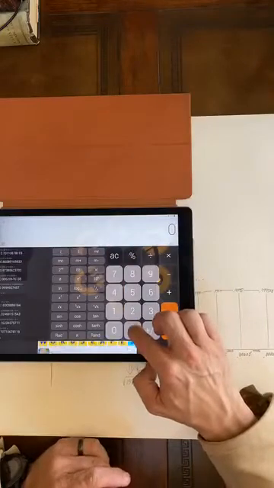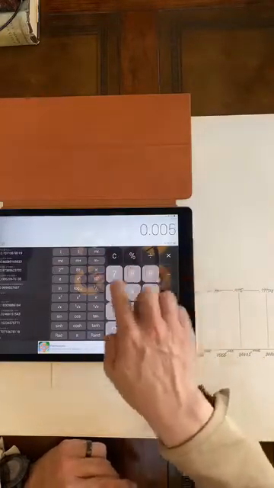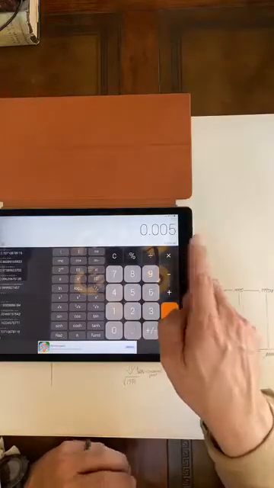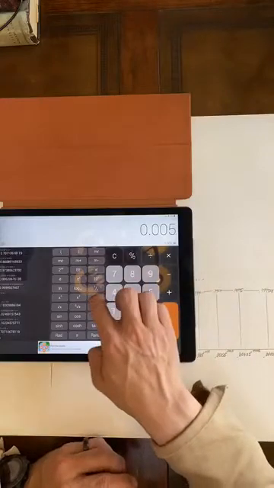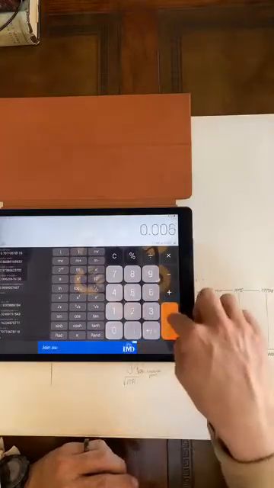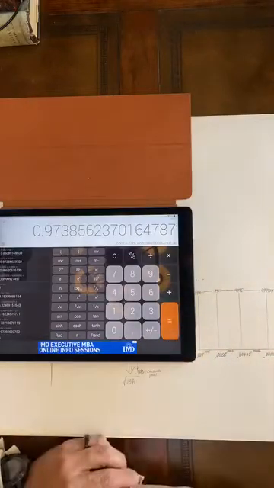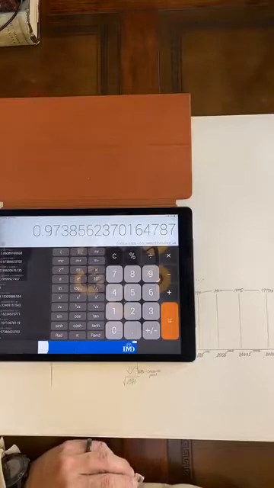If I take 0.005 to the power of 0.005, and you saw 0.5 to the power of 0.5 was 0.707, it gives me 0.97. So it's actually larger than the 0.707 that was 0.5 to the power of 0.5.